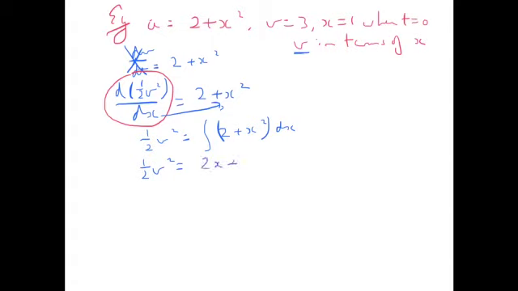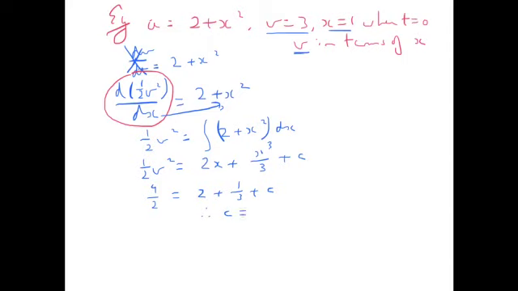So you get 2x, you get x cubed on 3, and you get a c value. They gave us some initial conditions. They said v was 3 when x is 1, so let's sub in 3, so you get 9 on 2 equals, subbing in 1, 2 plus a third plus c.